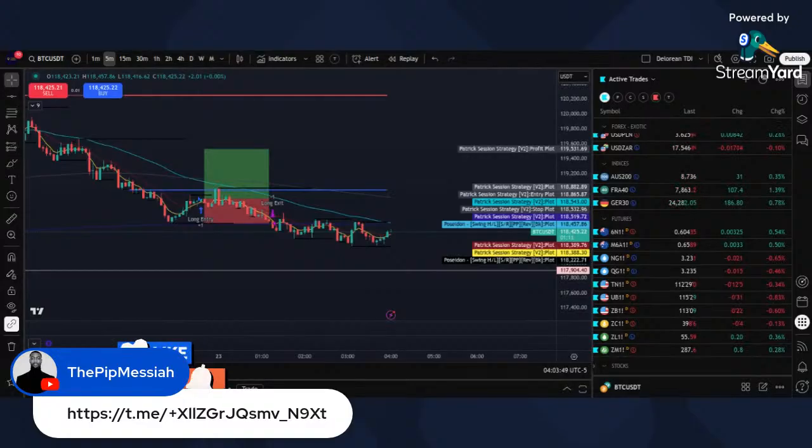The New York Stock Exchange opens at 7:30 Central Standard Time, so about 3.5 hours from now. And generally what happens is that you have retracement of the market a little bit during the Asian session, but certainly during the London session.